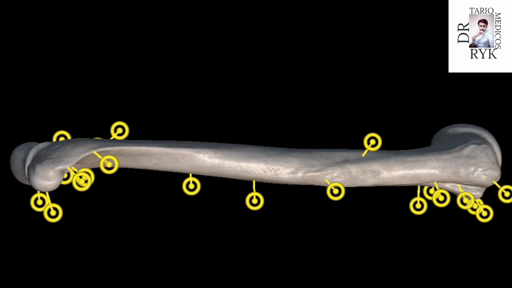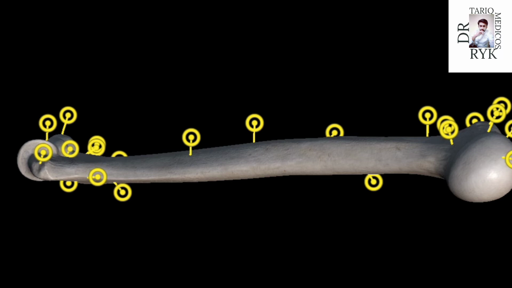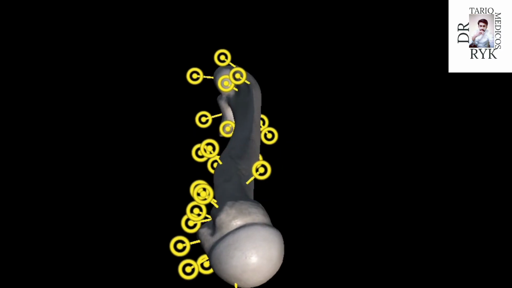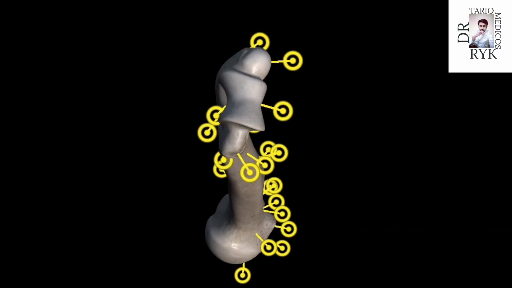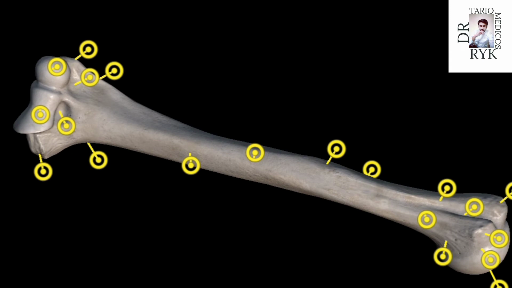And if we see its medial aspect, we will imagine like this. And if we see from the head side or superior side, the humerus will be like this. And if we see the inferior or lower side, we will see like this. So let's start from the anterior view.